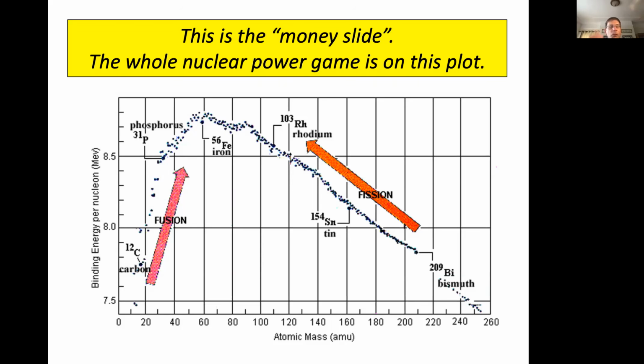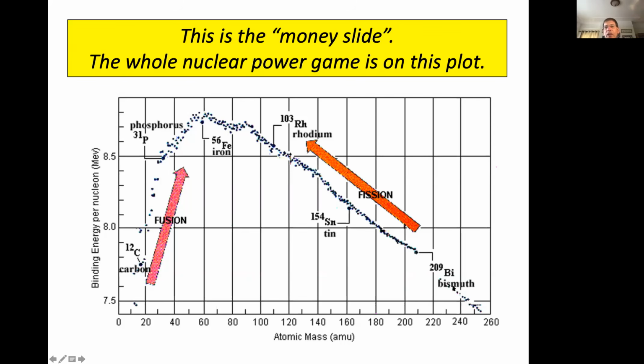So that's one way of releasing energy: fusing light nuclei. The other way of profiting from this binding curve is to look at the things that we care about in this course, in the mass 230, 240 region, your fissionable nuclei. Notice they have about 7.6 MeV of binding energy.